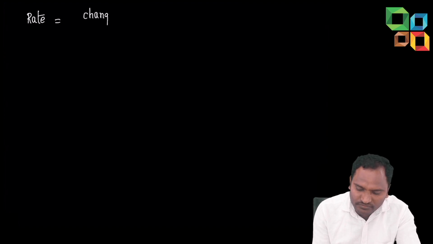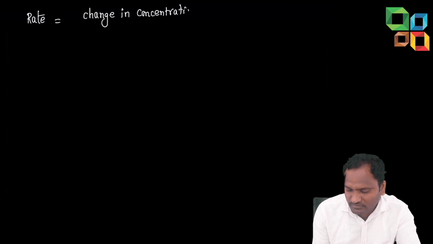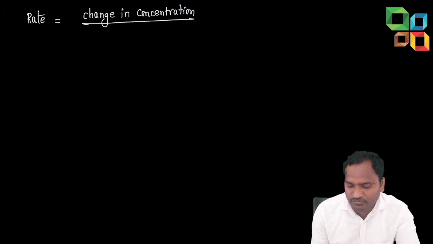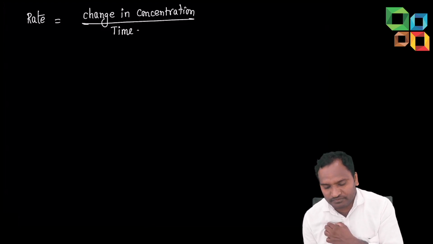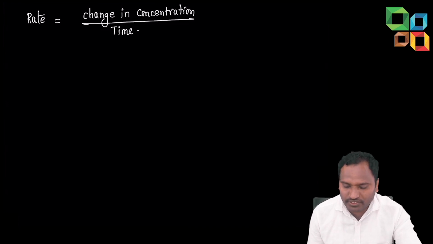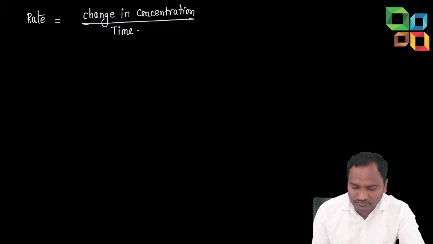A concentration is changing to B, B concentration is changing to A with respect to time. Rate is nothing but the change in concentration of reacting species with respect to time. That is called rate of reaction. Next one. Equilibrium definition understood?